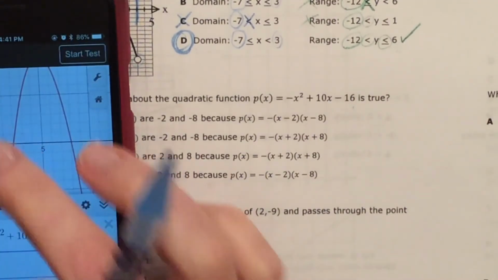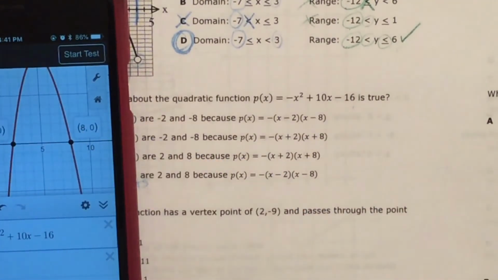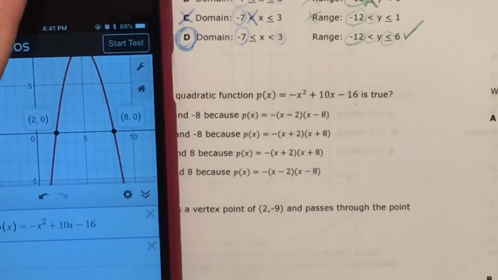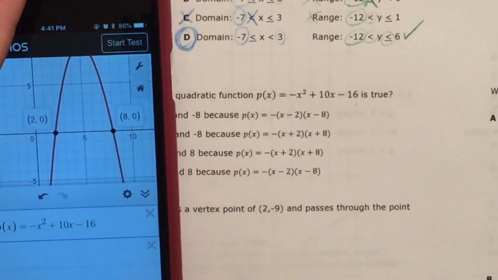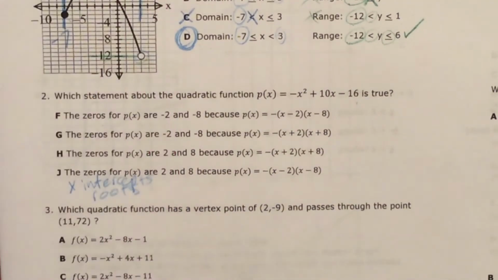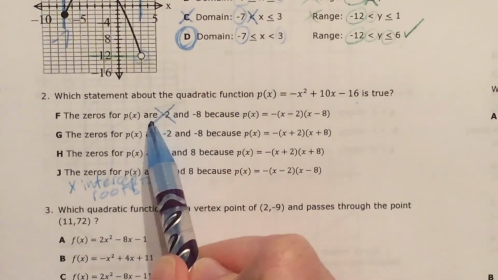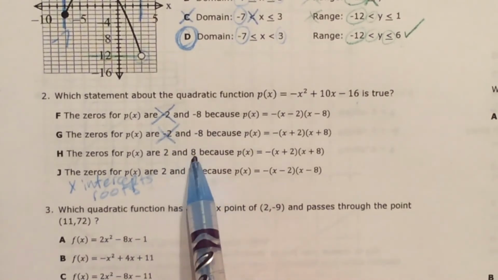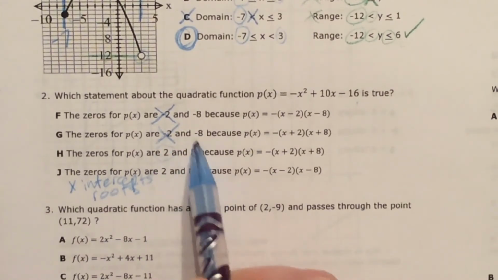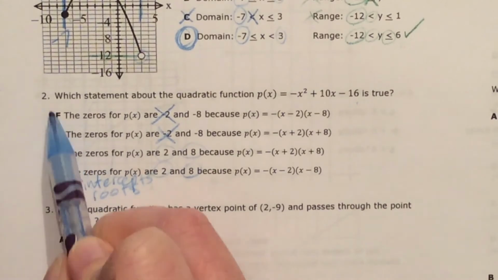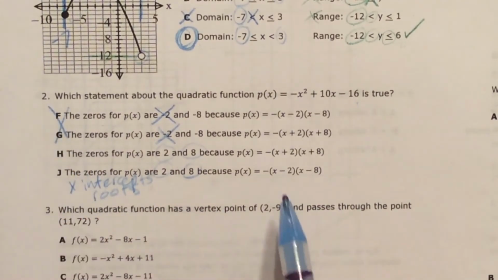And so those are going to be on your x-axis. So you tap both of those and we can look at our answers. We have a +2 and a +8. So we have a negative right there. +2, +8. So it's between these last two answer choices.